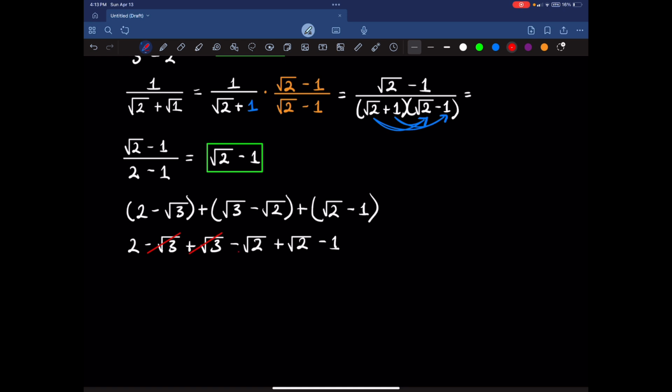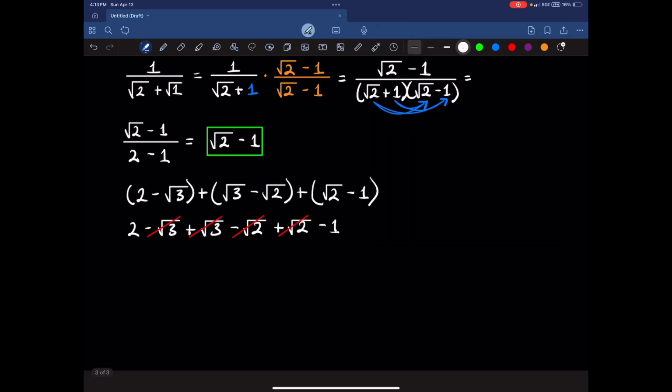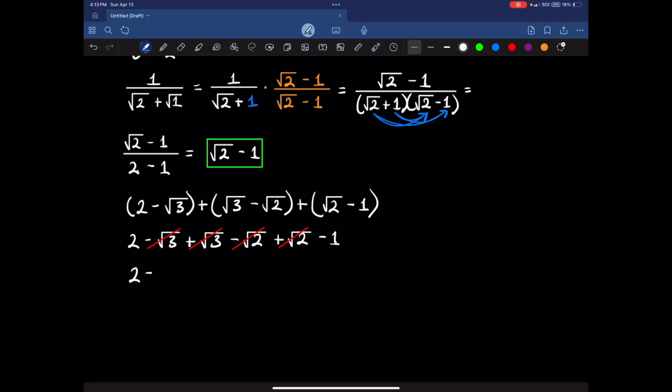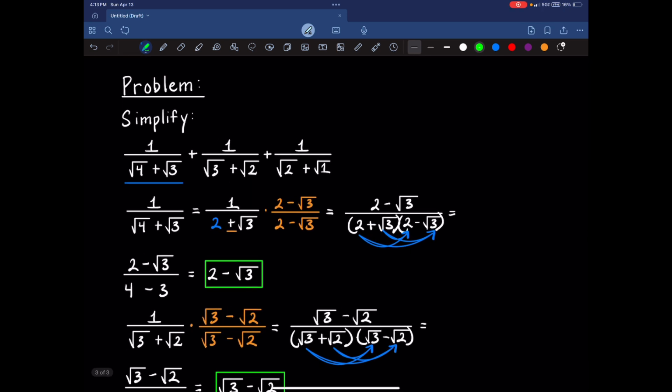Those are going to cancel. Minus square root of 2 plus square root of 2, that's 0. That's going to cancel. And all that survives is 2 minus 1. And 2 minus 1, well, that's just 1. And believe it or not, that is our final answer. That is what that whole giant nasty mess of square roots looked like after we simplified it.